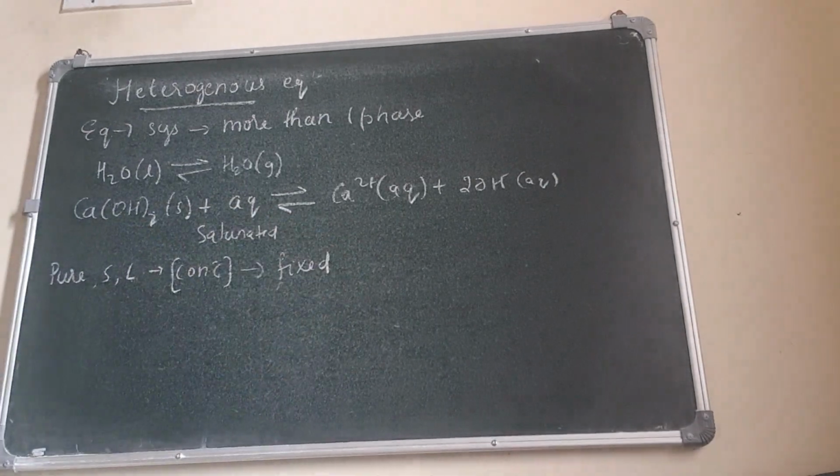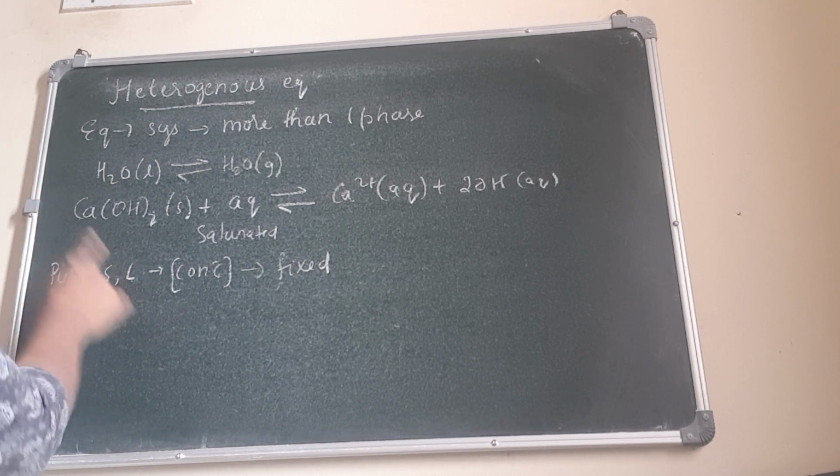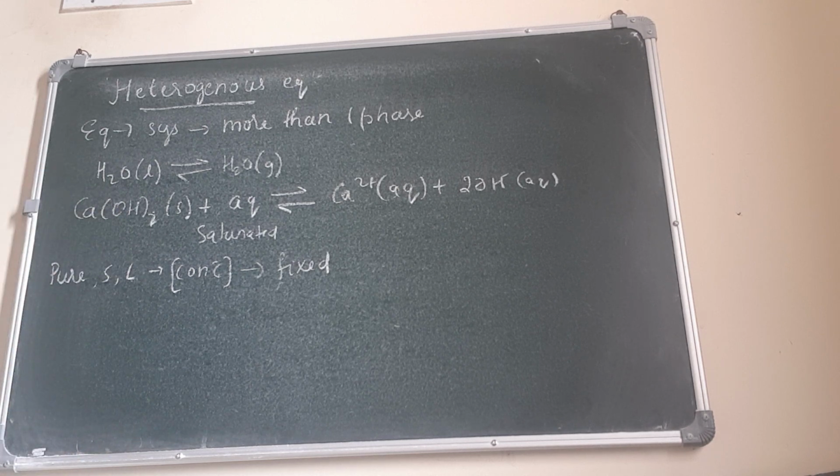This is what you need to remember, and this is very important when we are talking about heterogeneous equilibrium. You will understand eventually as I do it, but for pure solids and liquids, the concentration is fixed.